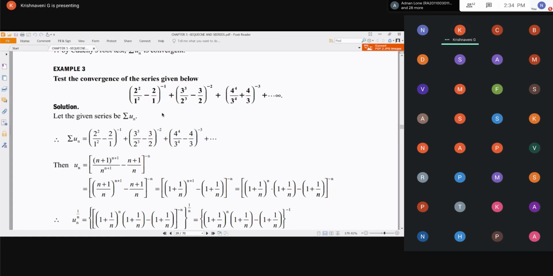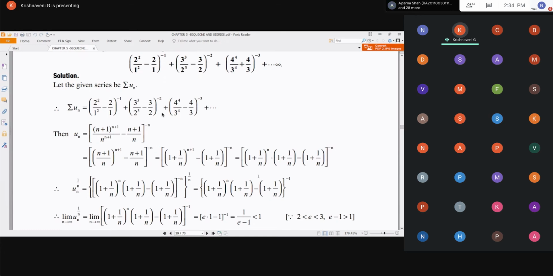Apply whole power minus n, 1 by n. Before that, n plus 1 by n can be written as 1 plus 1 by n. Why are we writing in this form? If we write in this form, we can easily apply the limits. 1 plus 1 by n, and the second term also 1 plus 1 by n, and the first term whole power n plus 1 is there.